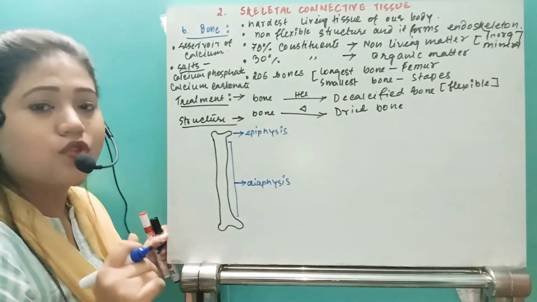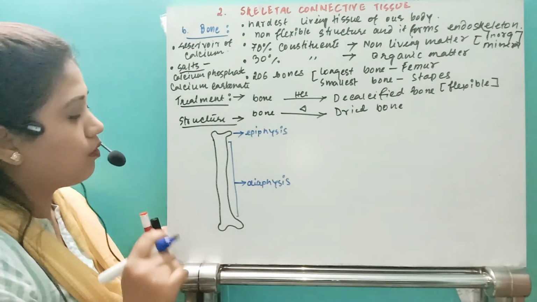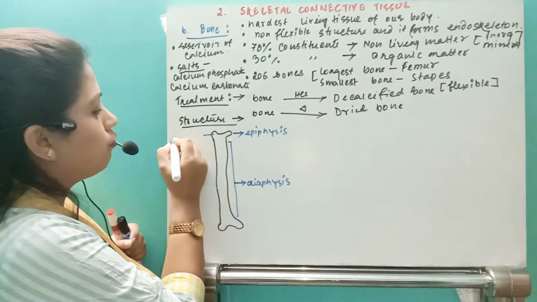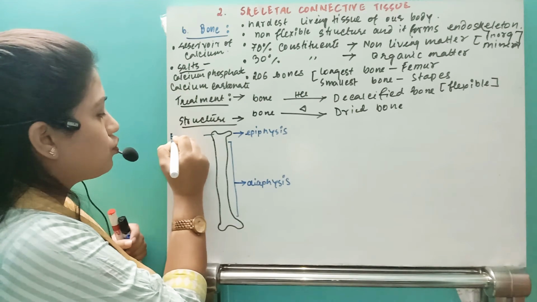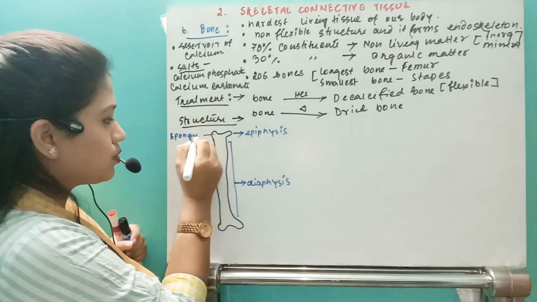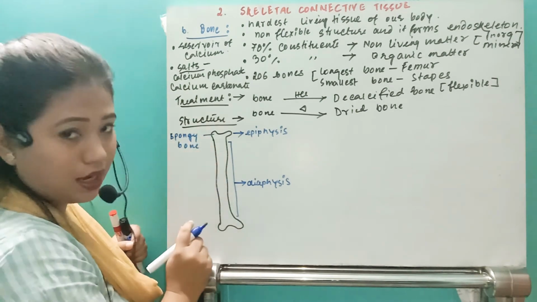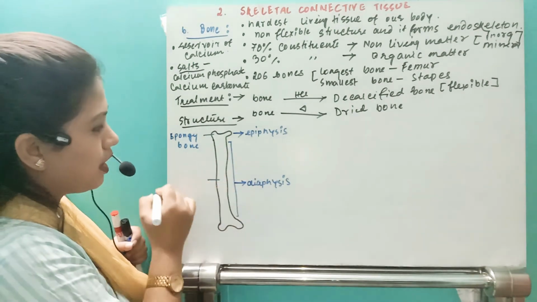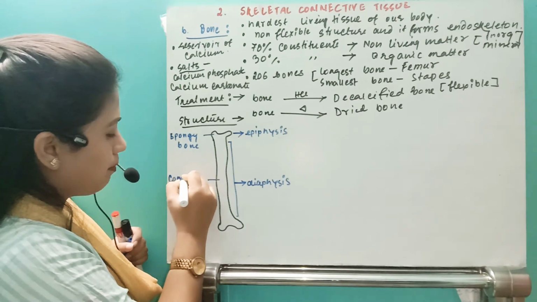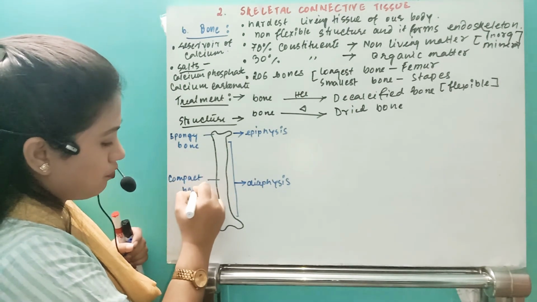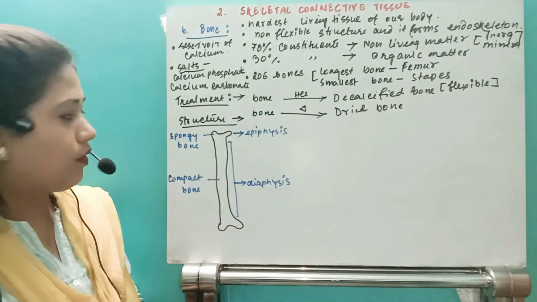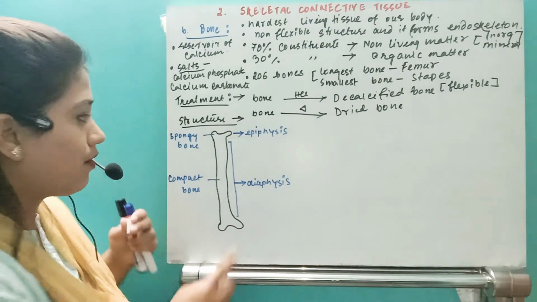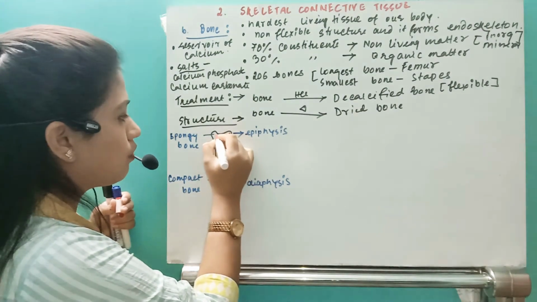Now this bone is also divided into two types. In this epiphysis region, we are going to have the spongy part, so this is known as the spongy bone, right? And this shaft region, this diaphysis region, will be known as the compact bone. Remember one thing, in the spongy bone region we are going to have the trabeculae.